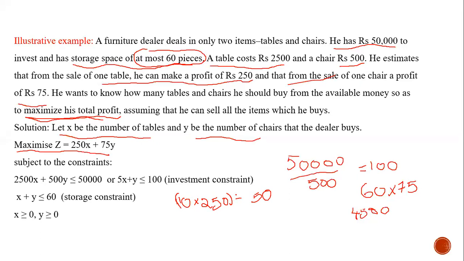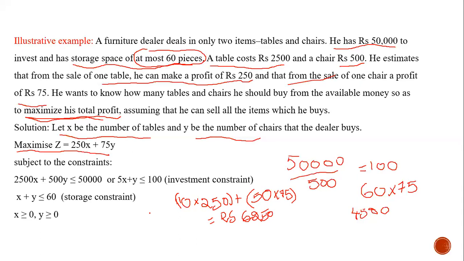But what would be the profit? Let us calculate that. It becomes 10 into 250 and 50 into 75. When we multiply and then add, we get rupees 6,250.